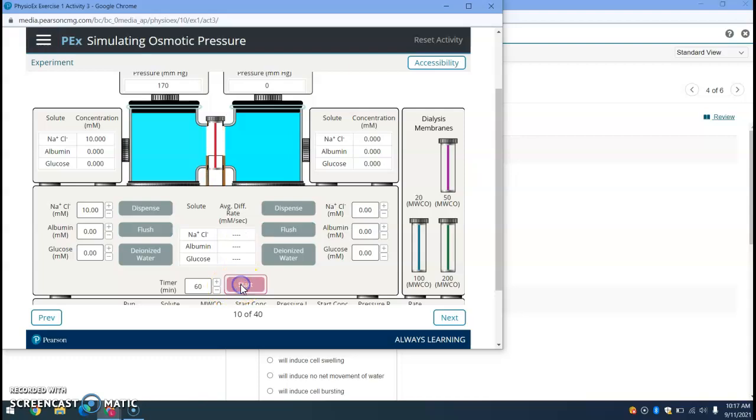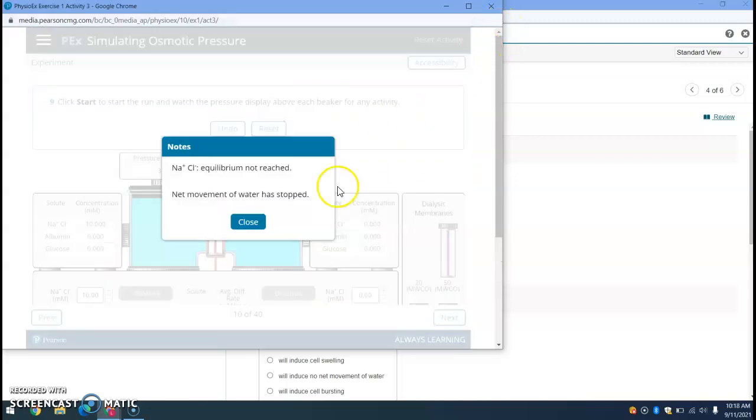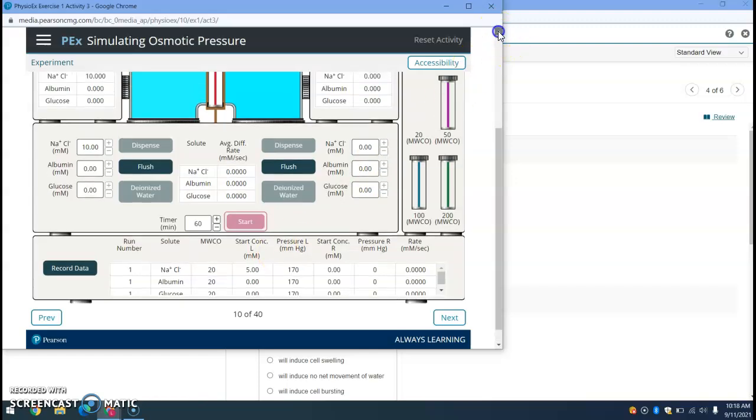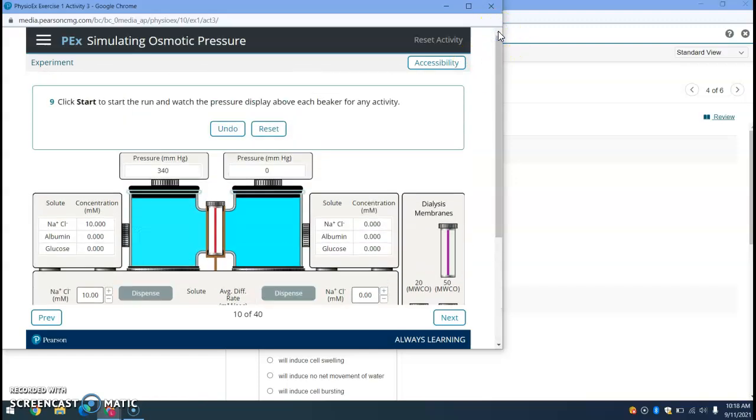So yes, and see the osmotic pressure went all the way up to 340, so it actually doubled. Okay, and what does it say here? It says click start to run. We already did that.